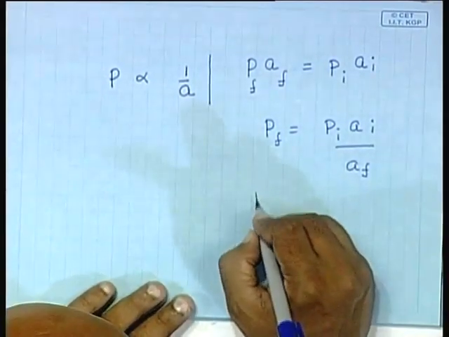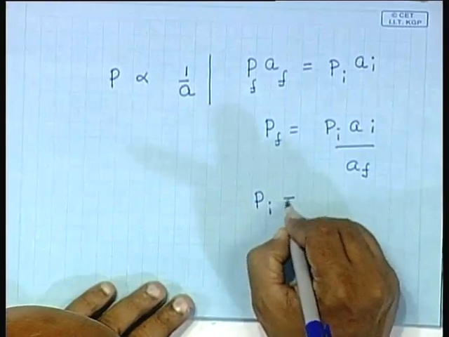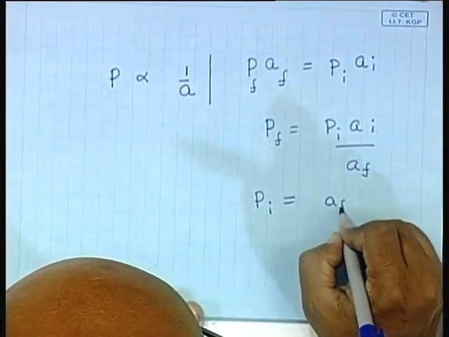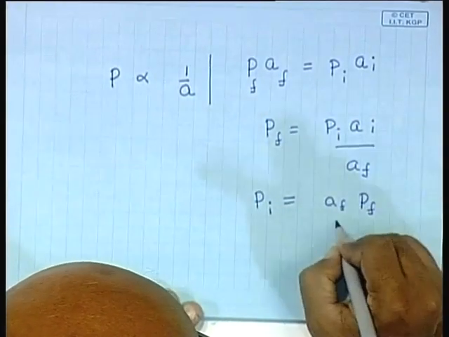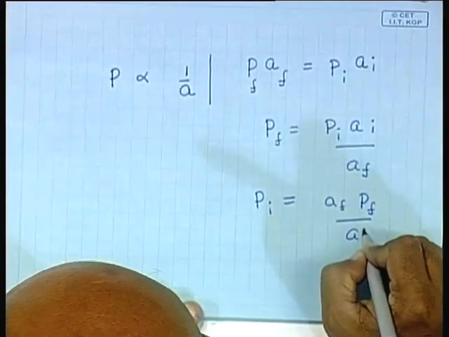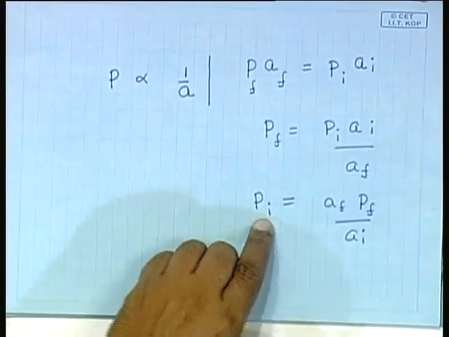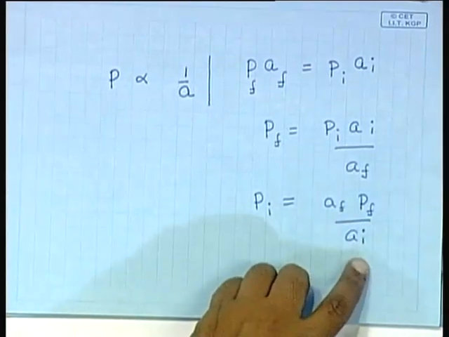So, we want P I, this is going to be A f P f by A I, that is, we want the initial momentum in terms of the final momentum.